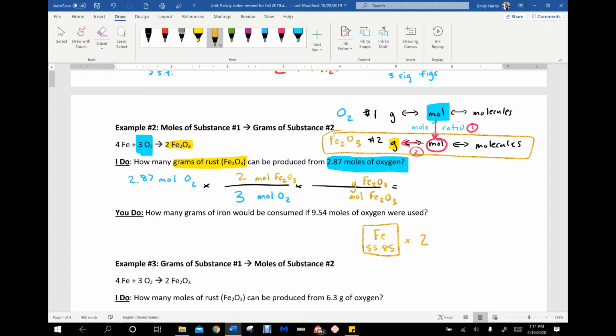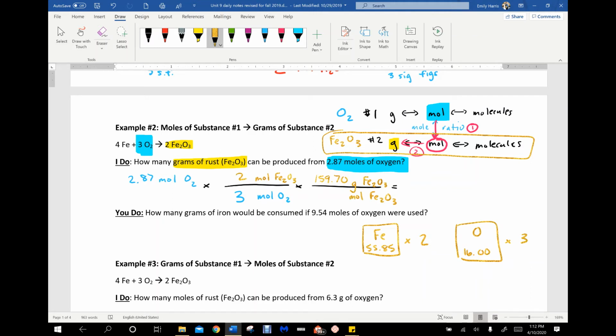I'll multiply that by 2. Then I would look at oxygen with a molar mass of 16 and multiply that times 3. When I add those things together, that should give me a total molar mass of 159.70 grams of Fe2O3. Now, here's the catch.